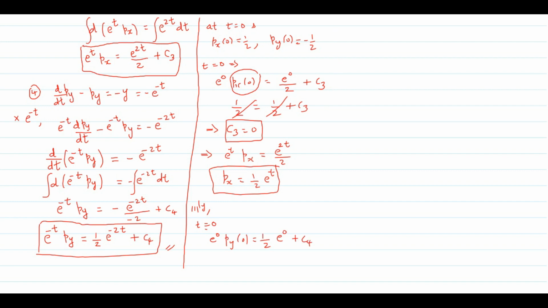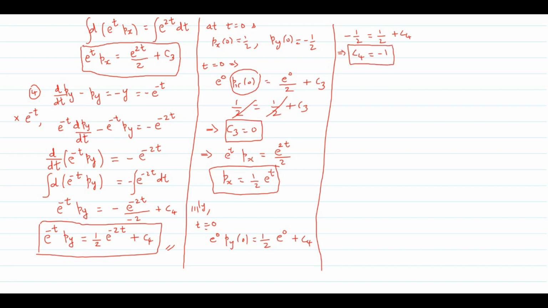Let us substitute the initial condition. What is e power 0? It is 1. What is p y of 0? p y of 0 is minus half, which is equal to 1 by 2 plus c4, which implies c4 is equal to minus 1. So c4 is equal to minus 1.